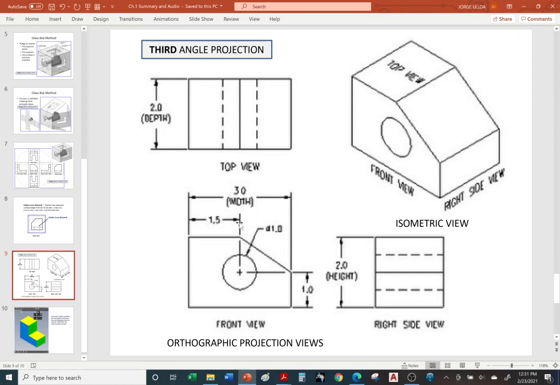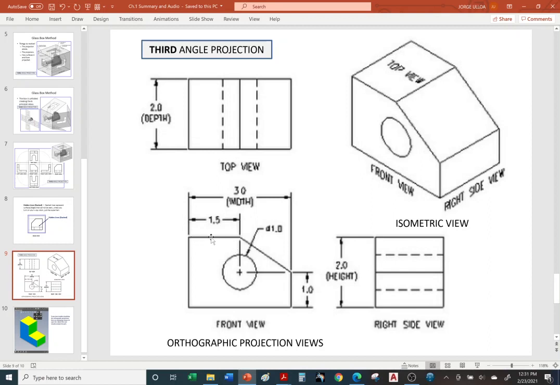All right, so today we're going to be practicing more orthographic projections. So using the isometric view, we're going to define our front view, right? You stand in front of the building. Here's our front view. We're going to go off to the side, right side view. And here it is, our right side view. And once again, the dashed lines represent the hole. And I want you to notice that everything lines up. Again, I mentioned this in the previous lecture, but I want to emphasize it.